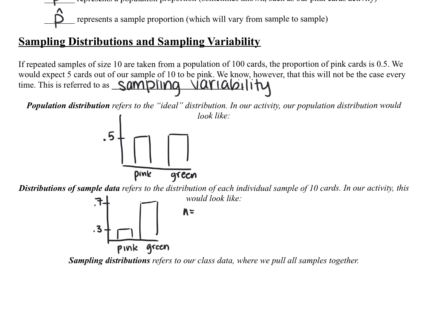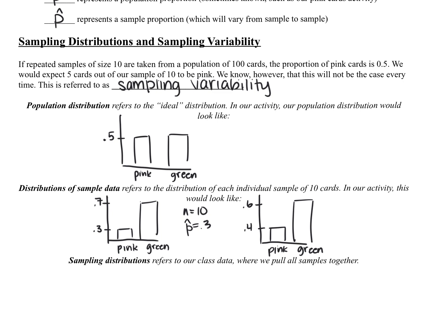So our n was 10 and our p hat was 0.3. If I did it a second time, I could get a p hat of 0.4 that were pink, and that means the remaining 6 were green.